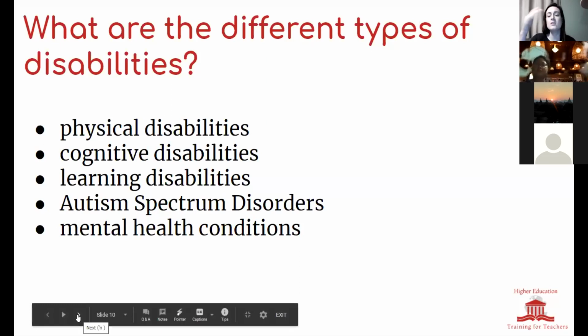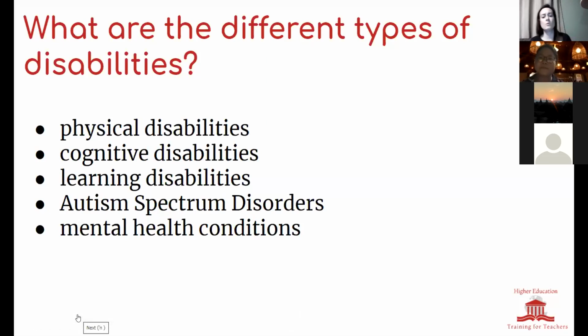And these are all different types of disabilities or conditions or disorders that as a teacher you might need to be thinking about. Especially learning disabilities, I don't think a lot of people in Myanmar get checked for learning disabilities. So you might have students in the classroom who have learning disabilities, but you can't tell from looking at them.